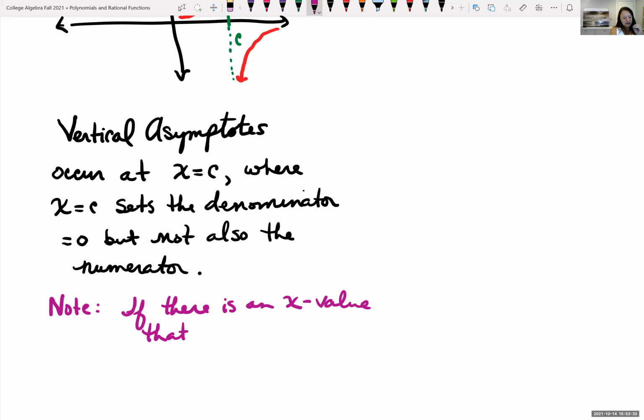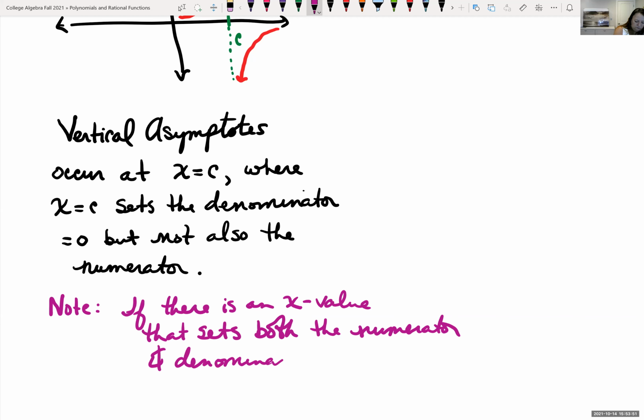So an open point. So if there is an x value that sets both the numerator and denominator equal to 0, then there is an open circle at that point.